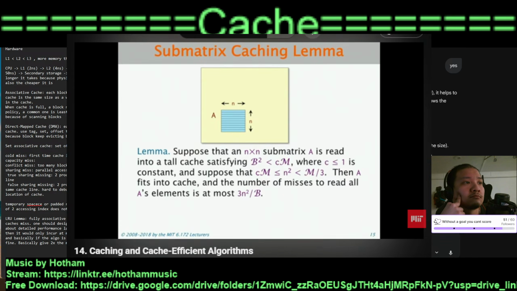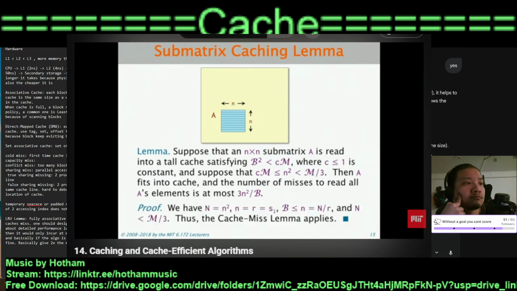Okay, so let's see why this is true. We're going to let big N denote the total number of bytes that we need to access, so big N is equal to n squared. And we're going to use the cache miss lemma, which says that if the average length of our segments is large enough, then we can read all of the segments in just like it were a single contiguous array.